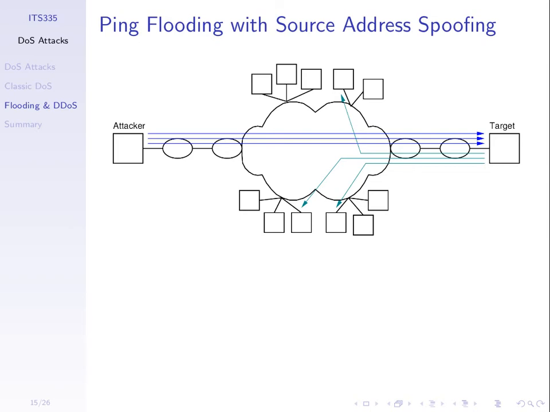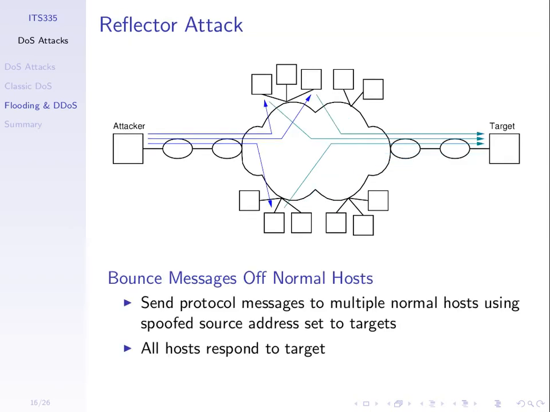And the same in this case, it's receiving pings from different computers. And in fact, the ISP of the target is receiving the pings from many different locations, different paths across the internet. So it's quite hard to tell whether this is just normal users sending traffic or if it's the attack.